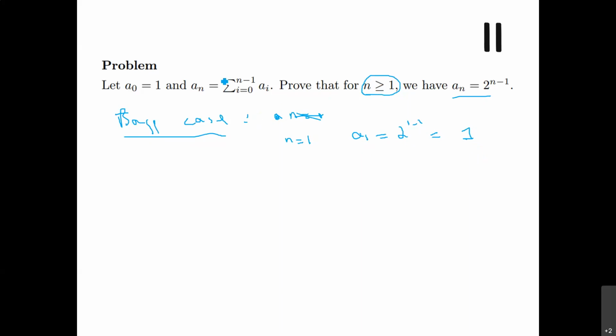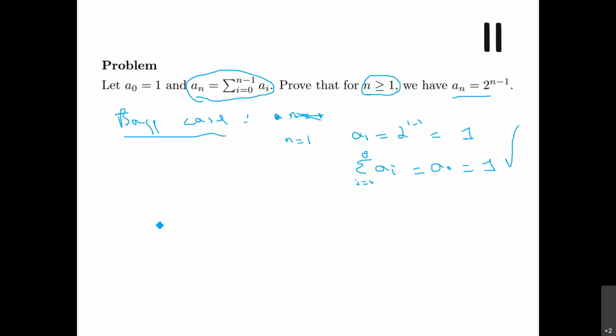Does it equal the same for this format? So summation from i is 0 to 0 of a_i, sort of like saying just a0, which is given 1, so that's done for the base case.